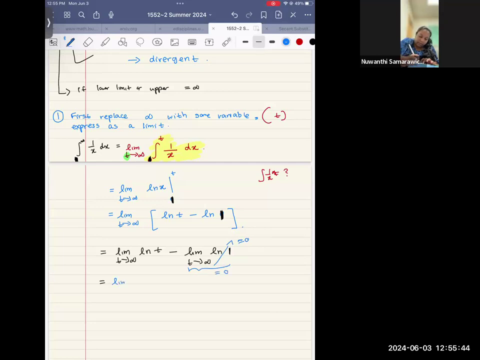So we have limit t goes to infinity of ln t. When t is equal to infinity, ln infinity is infinity. So what is this? Is it divergent or convergent? It is divergent because we get infinity.